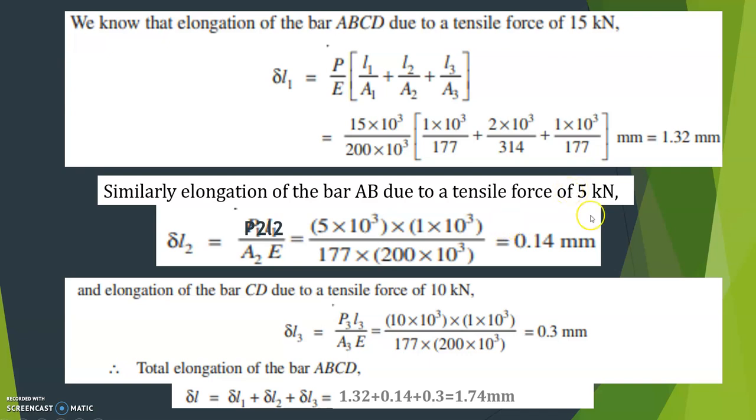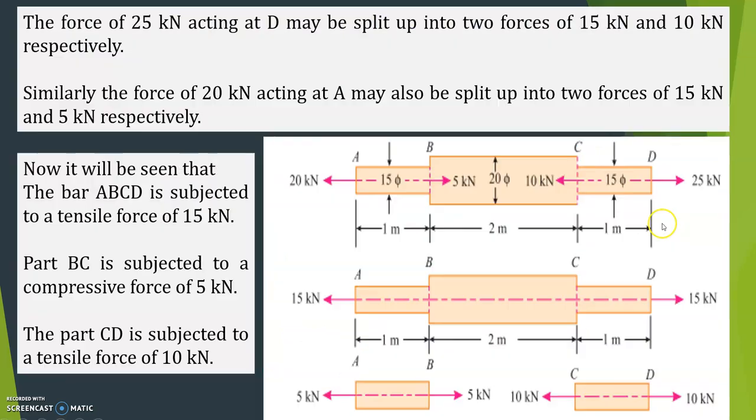Go to the next section, that is deformation of the bar. This one you can consider now. B and A and B. Because here you used only 15 kilonewton, so there is 5 kilonewton load left out. So you can consider the bar AB. So what is that?